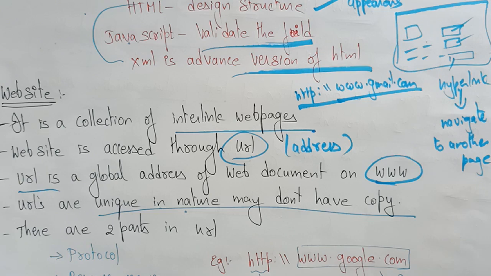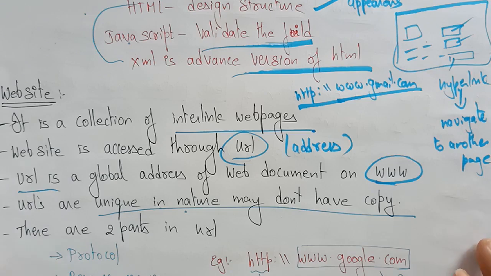It should not be repeated. Just like if you want to create a Gmail account, the Gmail account should be unique. The same account should not be given to different persons, because that is unique, that is a URL. So the URL is also unique in nature and doesn't have any copy.